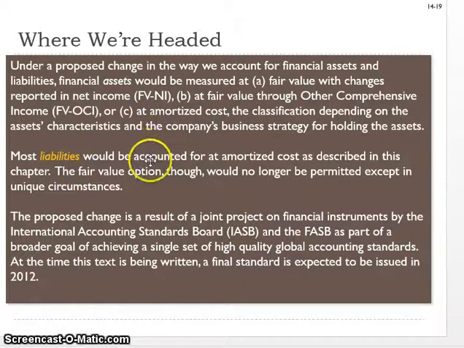But most liabilities would be accounted for at amortized cost, the way we just discussed in this chapter, okay? They were saying the fair value option would no longer be permitted except in unique circumstances. So even though right now there is a fair value option for liabilities, they're not encouraging there to continue to be one in the future. However, they are cool with assets being reported at fair value.